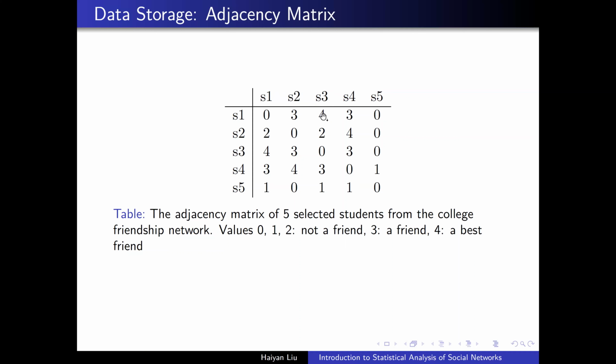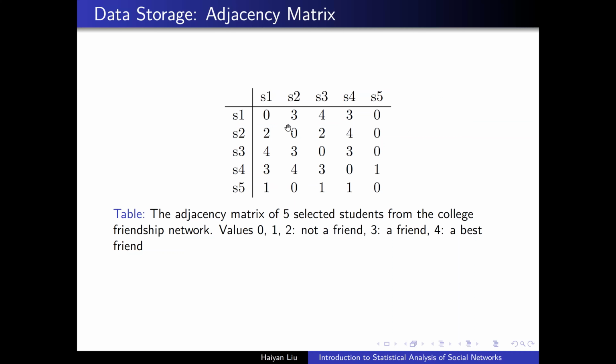So the relationship between node 1 and node 3 is 4. We can also see that the relationship of node 4 with node 1 is 3. So each element describes the relationship between the row actor and the column actor.